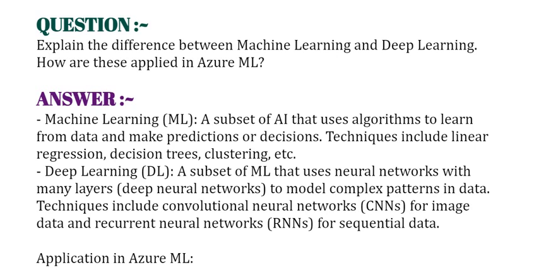Techniques include linear regression, decision trees, clustering, etc. Deep learning, DL, is a subset of ML that uses neural networks with many layers, deep neural networks, to model complex patterns in data. Techniques involve convolutional neural networks, CNNs, for image data and recurrent neural networks, RNNs, for sequential data.